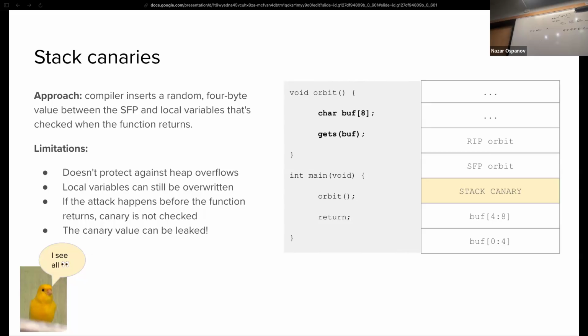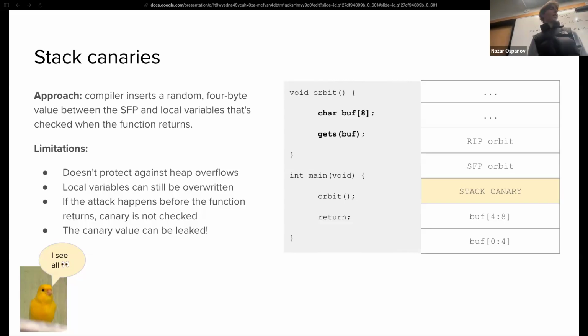If we just stack smash the attack and replace everything with garbage up to the EIP, we're going to overwrite the SFP, but more importantly, we're going to overwrite the stack canary. Because we've overwritten the stack canary, the CPU will catch this and it will panic out the program, right? So exploits will not work.